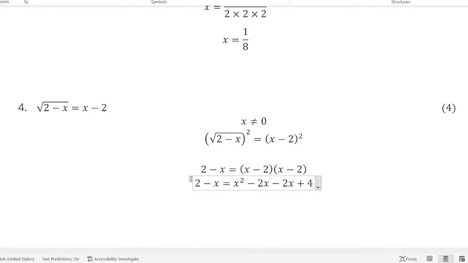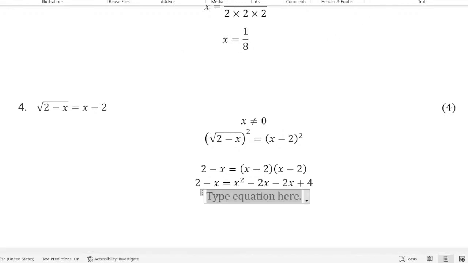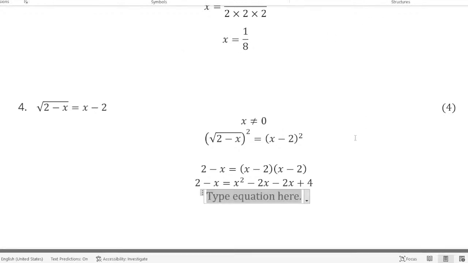So what we'll do here, we're going to take everything that is on the left and transpose it to the right hand side. Okay, let's first simplify the right hand side so that we don't make things difficult.